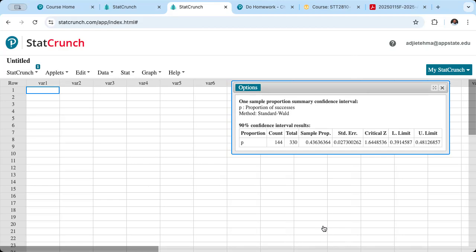Is that okay? And because the critical value changes, now look at the confidence interval. The confidence interval is what? 0.3914, 0.4812. This is for 90%. And our Z is 1.6448.